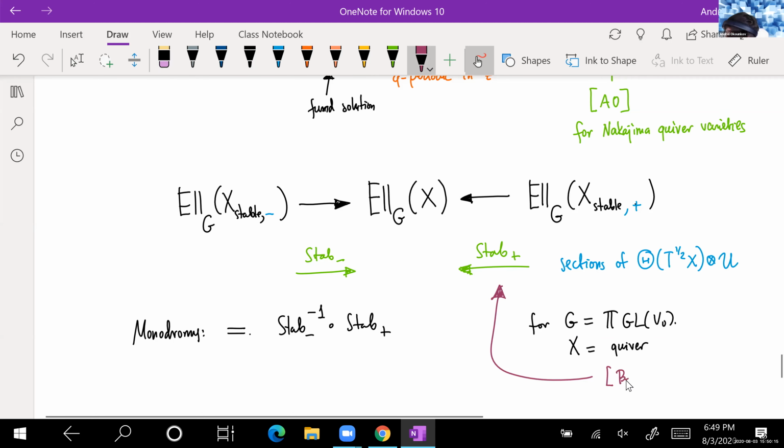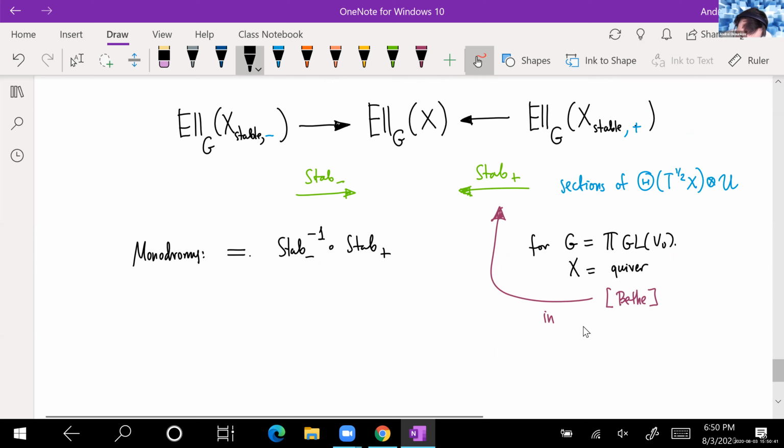I'll write Bethe since we wrote more than one paper. There's in particular for this particular map, in the case when X is a product of GL of V, the fact that X is a quiver is not so important, there's some separate trick that reduces the problem to the C star stable envelopes.